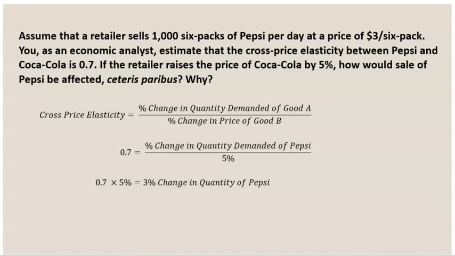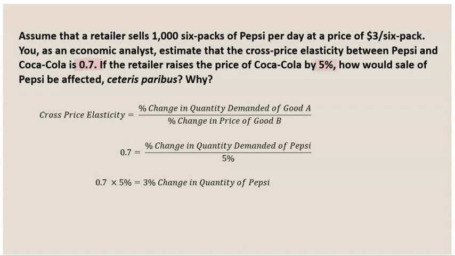So you have some numbers that you could have inputted. Cross-price elasticity was already given as 0.7. We don't have the percent change in the quantity demanded for Pepsi, but we do have the percent change in the price of good B, which is Coca-Cola, and they had it at 5%.